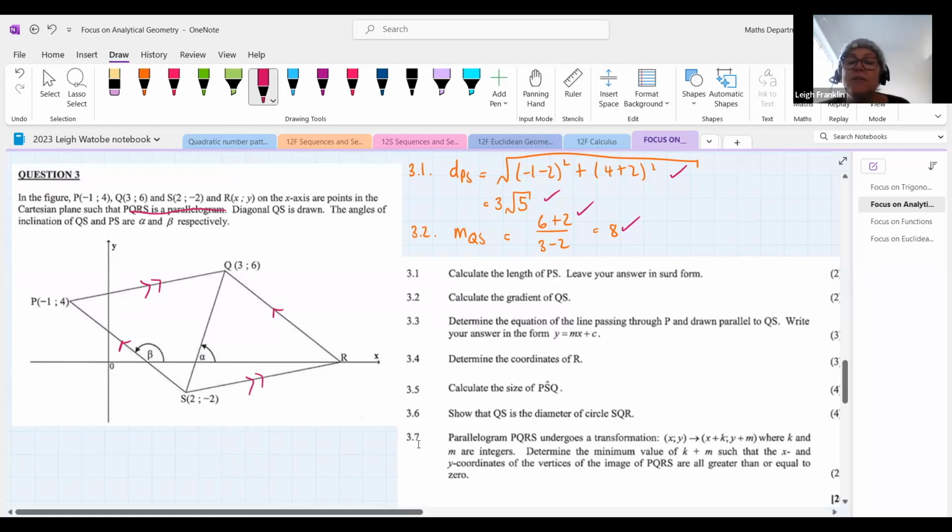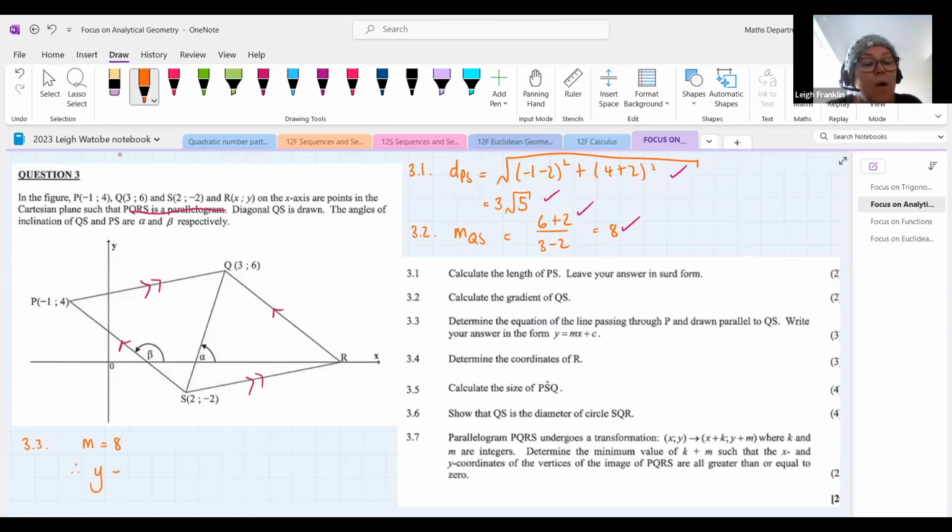Okay. So they want us to determine the equation of the line passing through P parallel to QS, fair enough. So that means that we are going to use the gradient of QS in order to be able to answer this question. All right, so we can say that the gradient would be 8 as well. So y would be equal to 8x plus c.